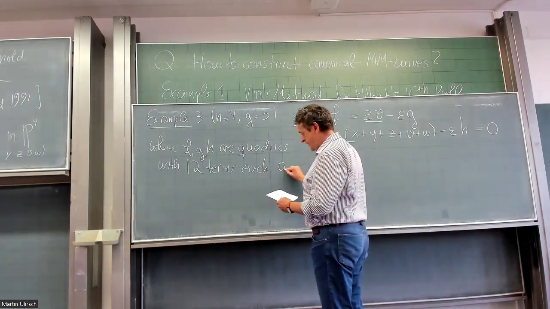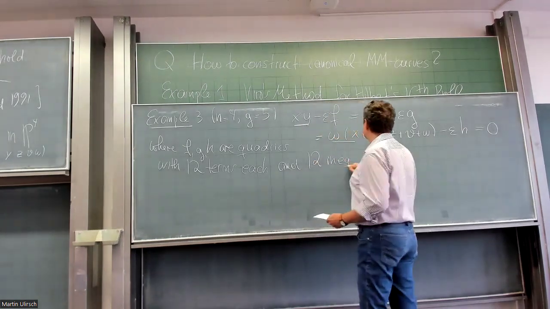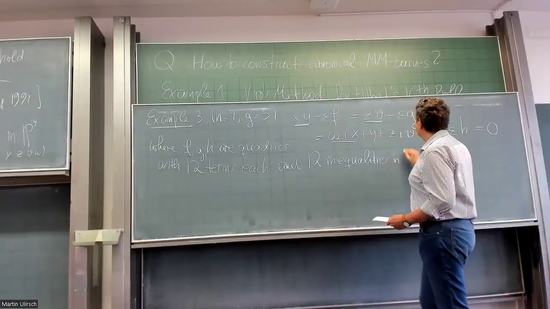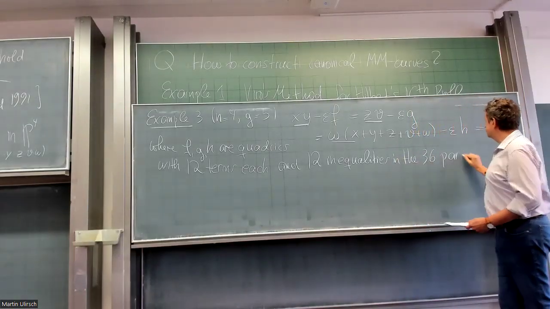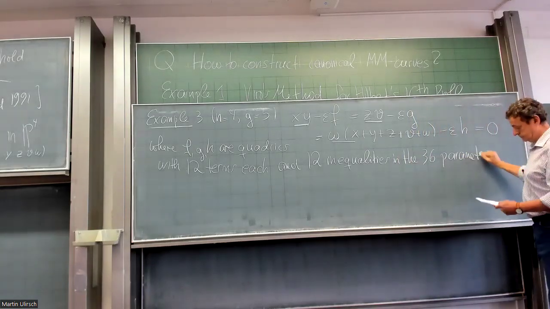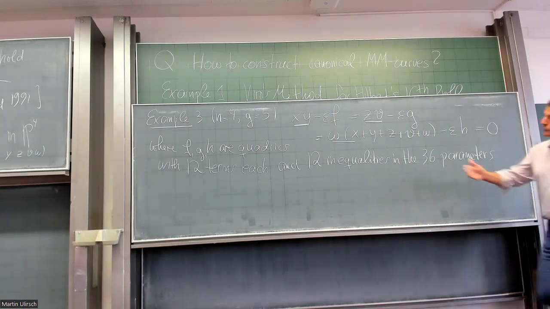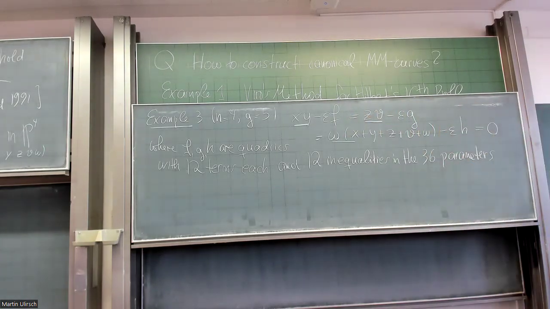Okay, and there are 12 inequalities in the 36 parameters. Well, the 36 parameters are the 12 coefficients of f, the 12 coefficients of g, and the 12 coefficients of h.